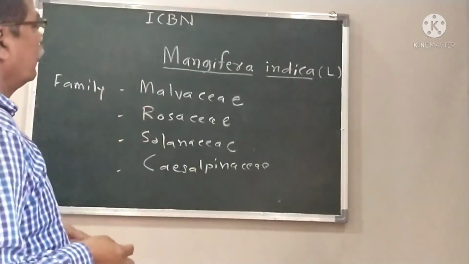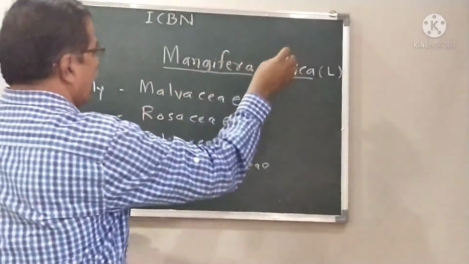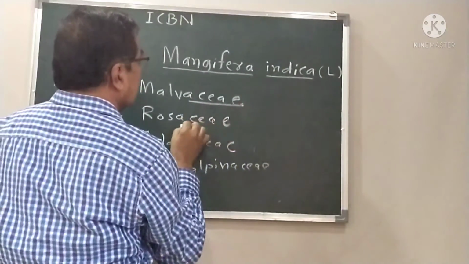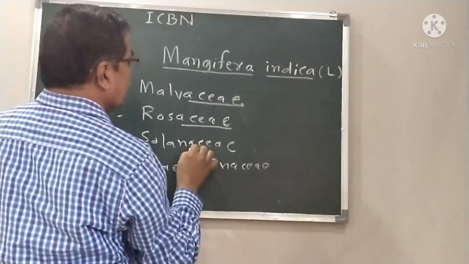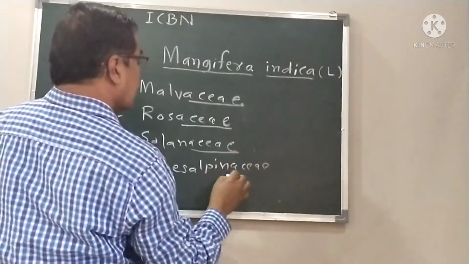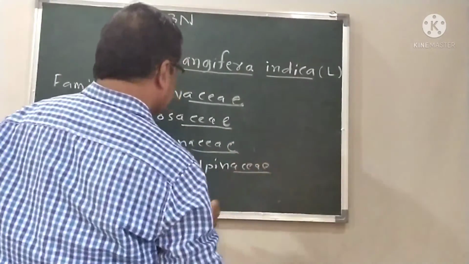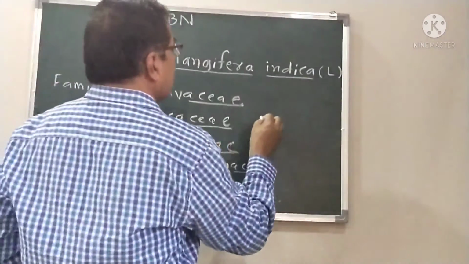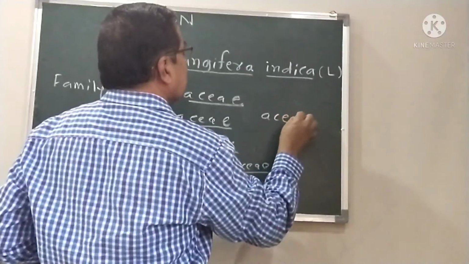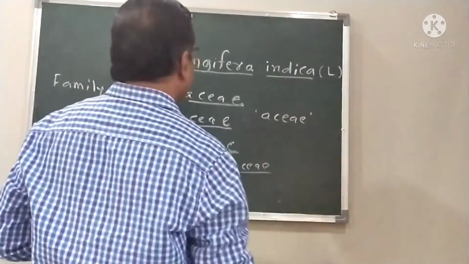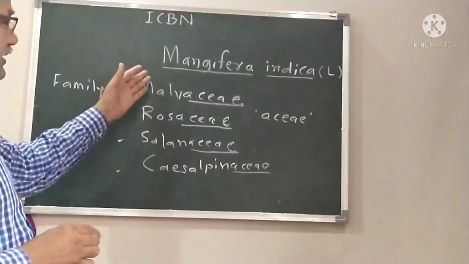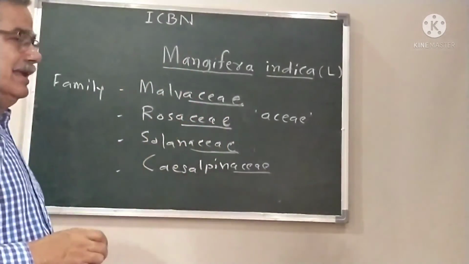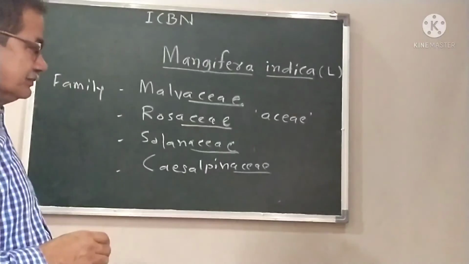I have written four families, and these four families end with ACEAE, the suffix. All families' nomenclature is made and ends with ACEAE.